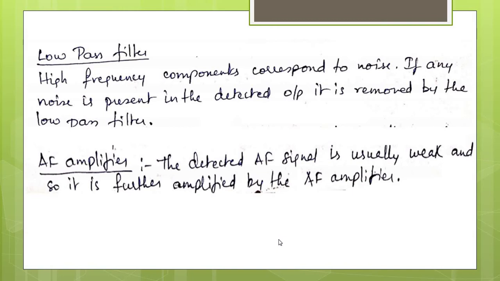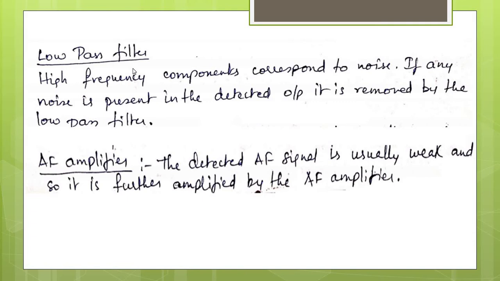Then we have a low pass filter. Always in communication systems, noise is referred to as a high frequency component. If any noise is present in the detected message signal, it appears as a high frequency component. These high frequency components are removed by the low pass filter.